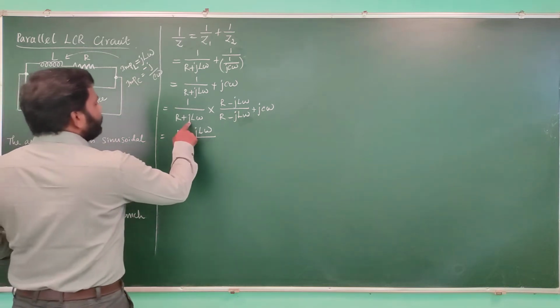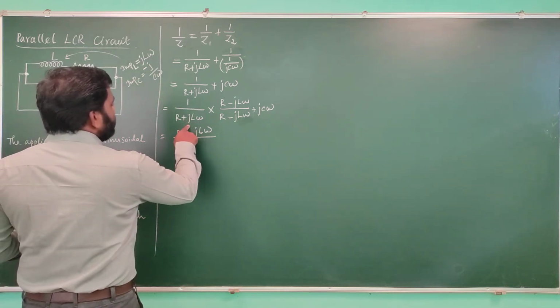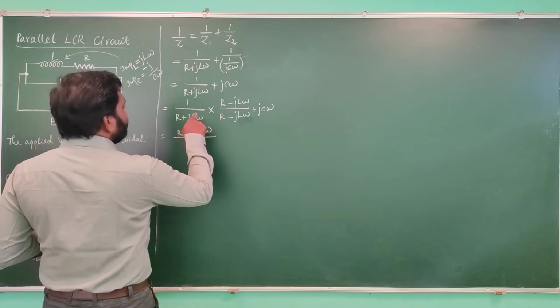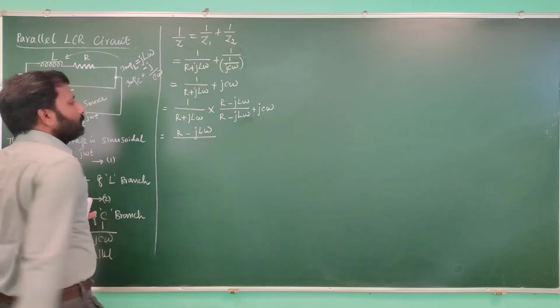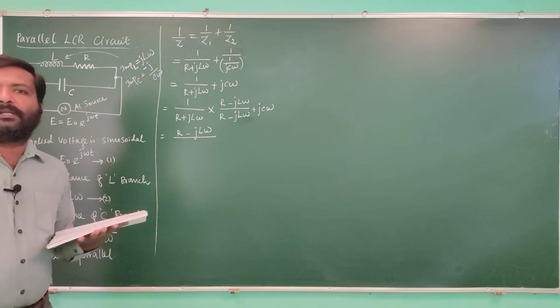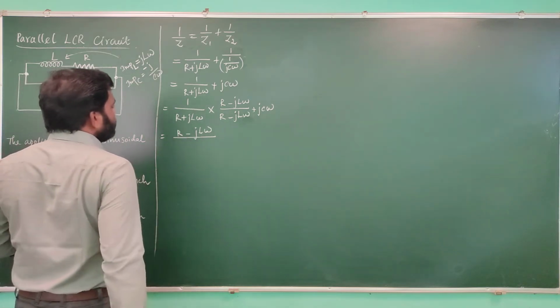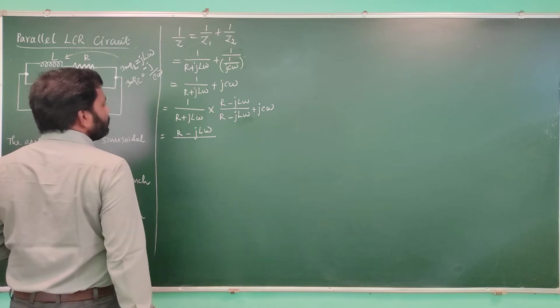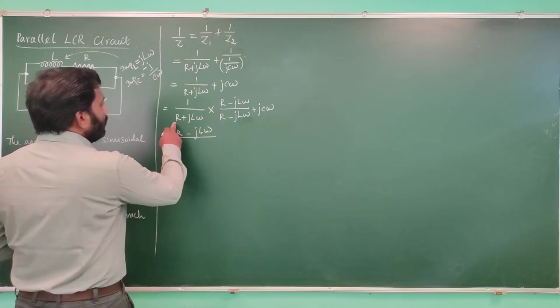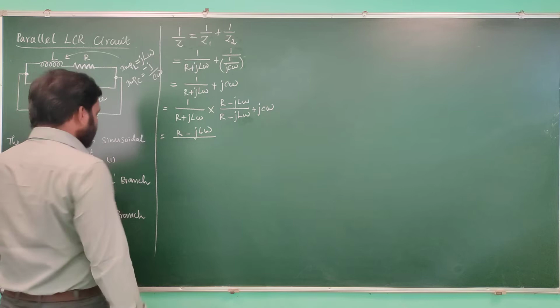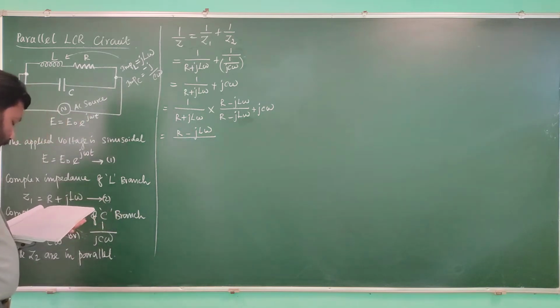In B square, j square L square omega square will come, and j square equal to minus 1, and the minus signs cancel out, so it becomes R square plus L square omega square, right?